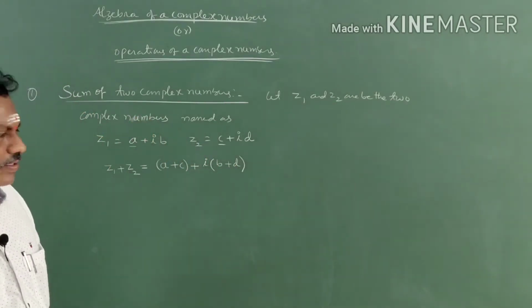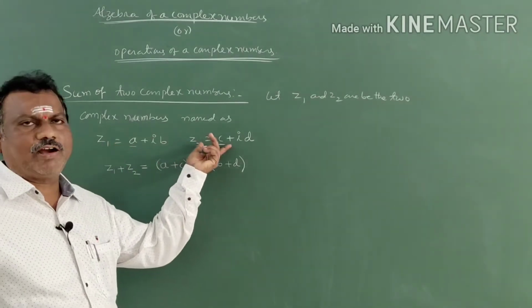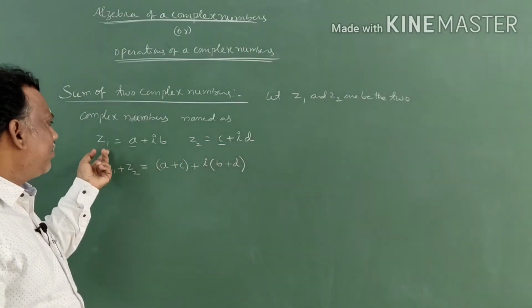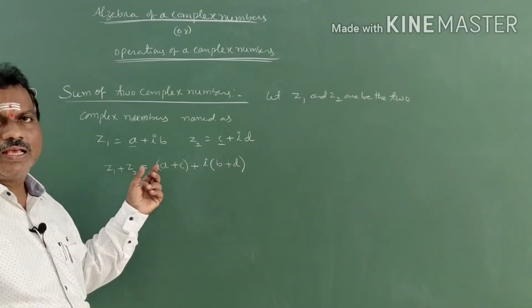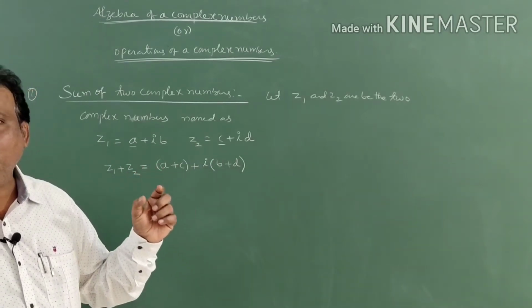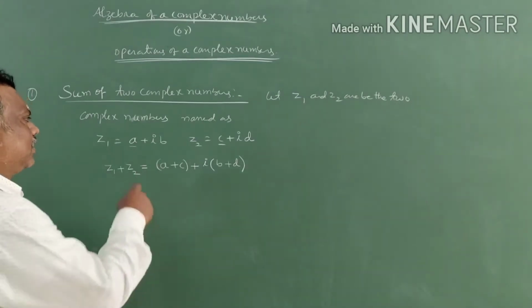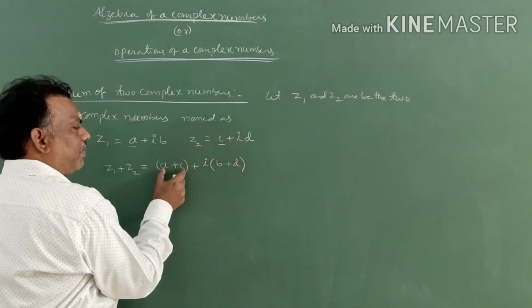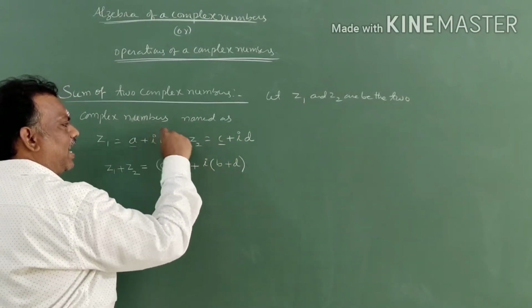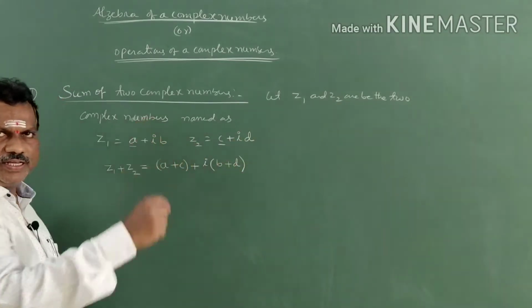Once again students, Z1 is a complex number, Z2 is another complex number. The sum of these two complex numbers is equal to the sum of the real parts plus i times the sum of the imaginary parts. This is real part a, this is also real part c, a plus c, plus i times the sum of the imaginary parts, so b plus d.